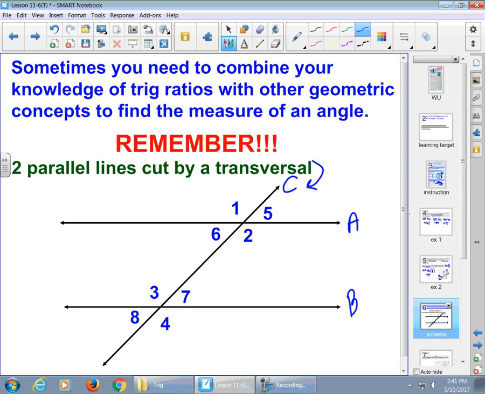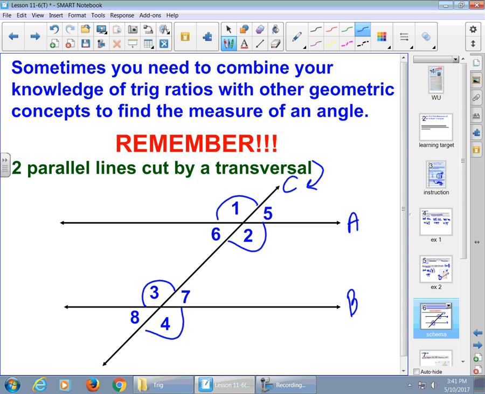Okay? When you have two parallel lines cut by a transversal, you come up with some pretty unique types of angles. And these are angles that are equal to each other in some cases. So for example, if I look at angle 1, angle 1 is equal to angle 2 because they are what we call vertical angles. Angle 3 and angle 4 are equal to each other as well because they're called vertical angles.